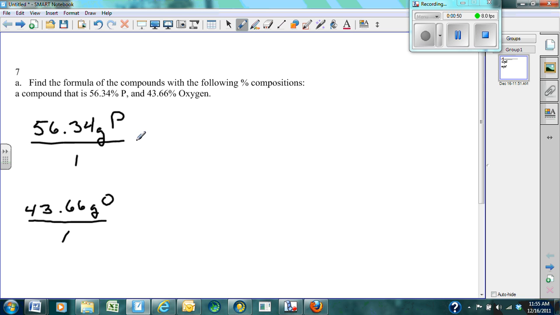Now each of these we need to turn into moles, so I'm going to put 1 mole over the molar mass of each of these respectively. And if you look on your periodic table, you'll find phosphorus is 30.97. And you'll find oxygen to be 16.00.